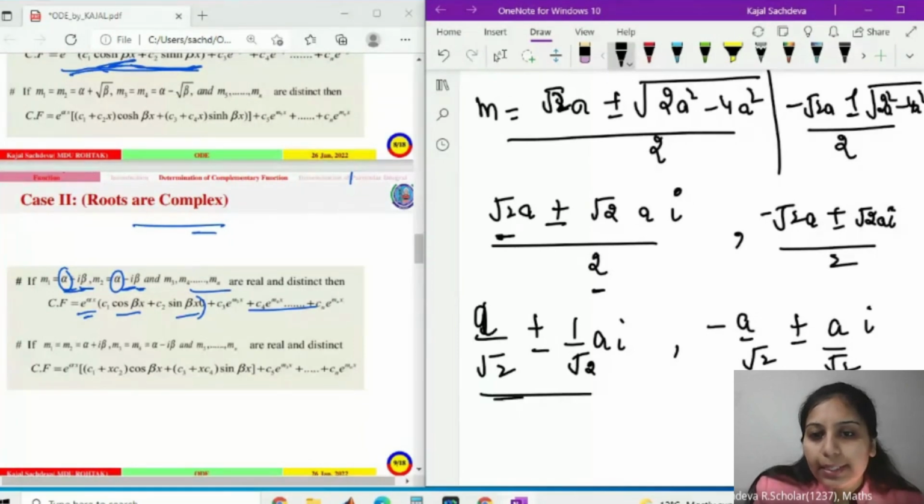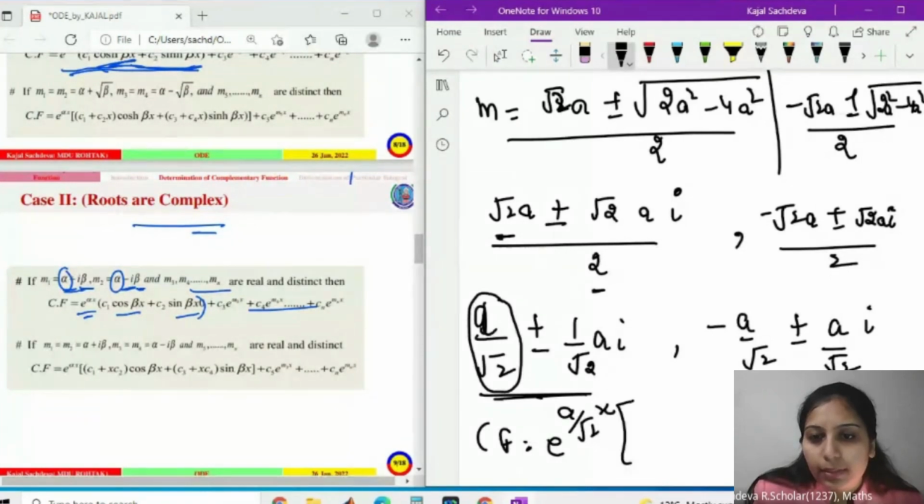So firstly, write these equation roots. CF is equal to e raised to power a upon root 2 x, this is the real part, and in the bracket we have c1 cos (a/root 2)x plus c2 sin (a/root 2)x.